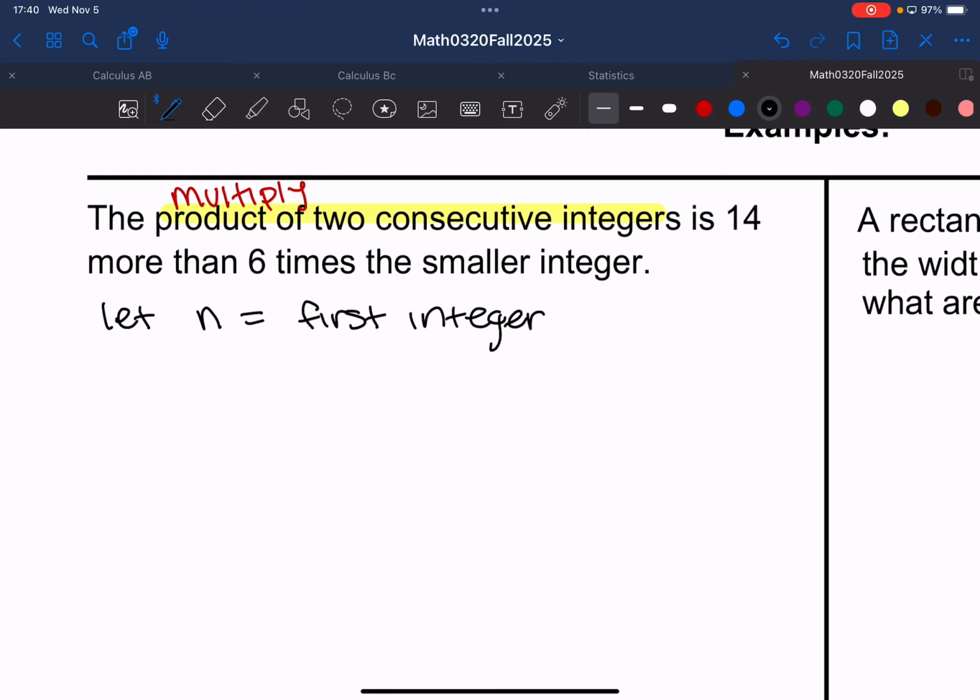Okay. And if we want to find the next one, the consecutive one, we would say let n plus 1 be the second integer. Okay. Which means no matter what number we plug in for n, the n plus 1 will always be the number after it. For example, if n was 8, then n plus 1 would be 9.